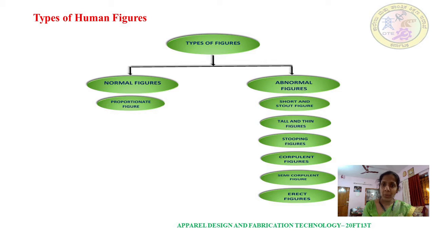Then abnormal figures. In abnormal figure, there are several examples that are short and stout figure, tall and thin figure, stooping figure, corpulent figures, semi-corpulent figures, then erect figures.